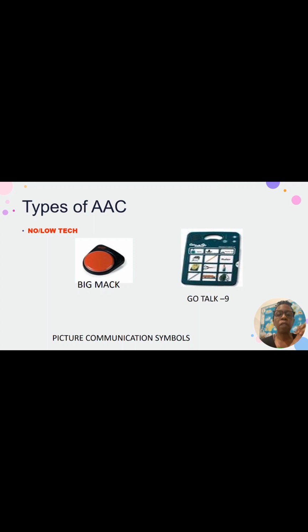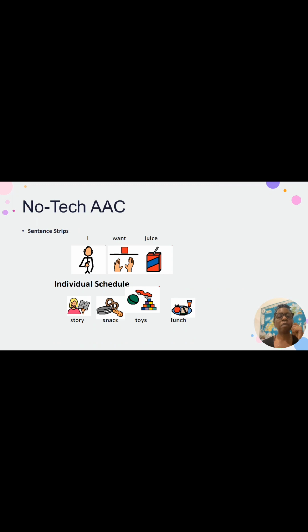And then there are the picture communication symbols. This is any kind of visual that will help to promote a child's ability to ask for things or comment on things. So here I have just some visuals that say story, snack, toys, and lunch, just telling you what's happening maybe during a school day. At the top there, it has a sentence strip that says I want juice.